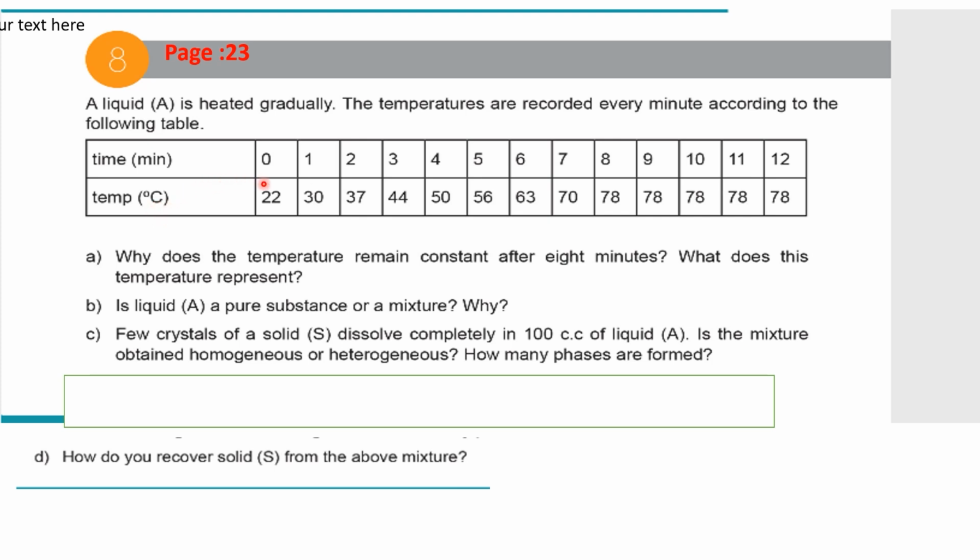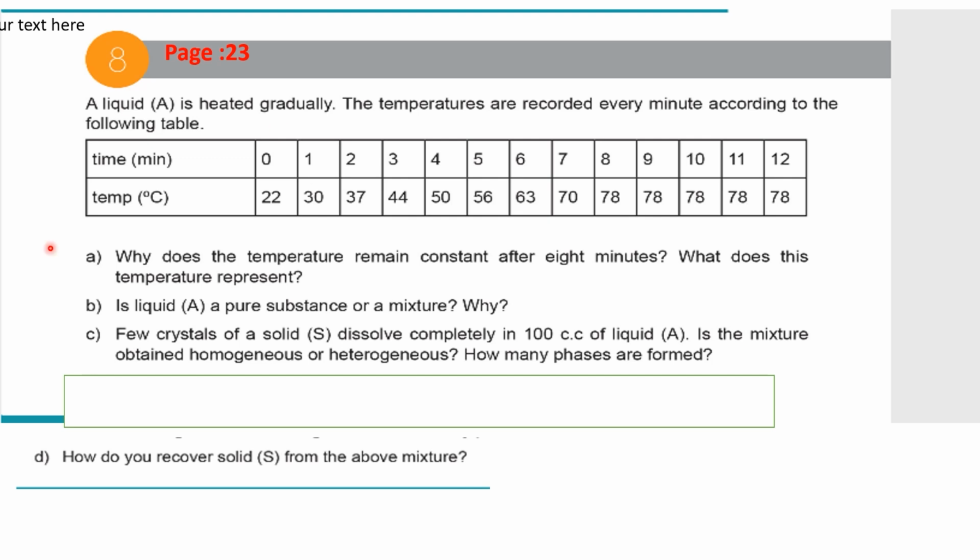At time 0, the temperature is 22. As time increases from 1 to 8, the temperature increases from 30 to 78. And it becomes constant after this value, right?